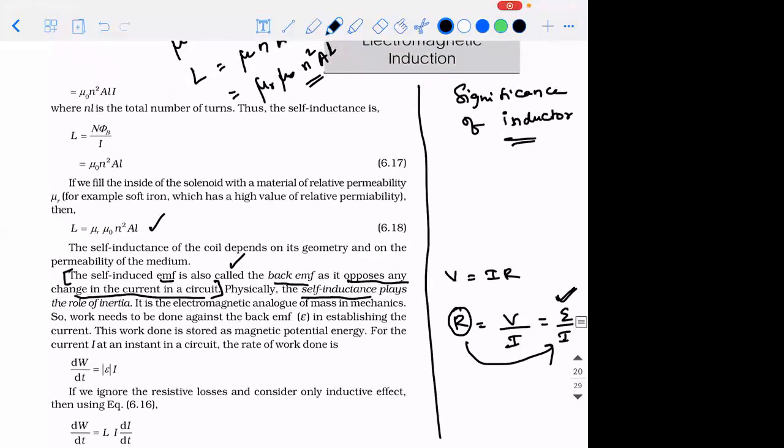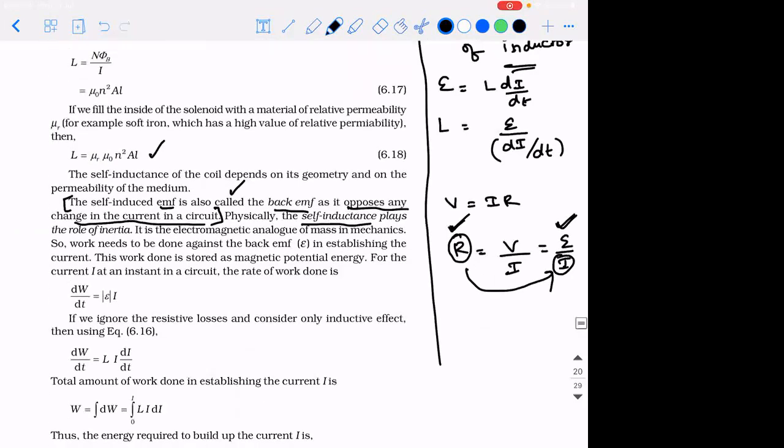Now, I have another question. When I say E is equal to L into di by dt in terms of magnitude, then L will be equal to what? E divided by di by dt. Correct? Okay. So listen to this very carefully. Resistance is a property which opposes the flow of current, and inductance is a property.